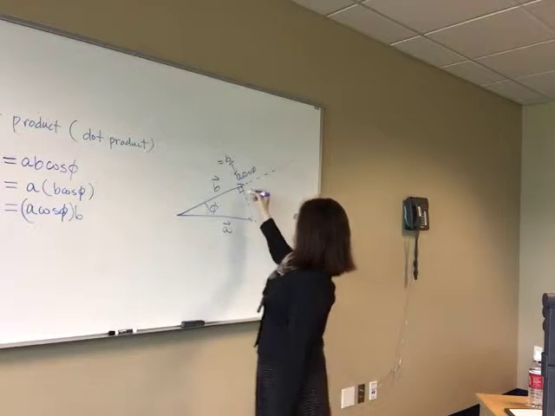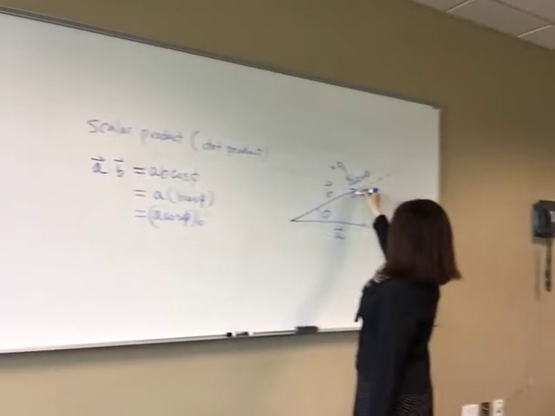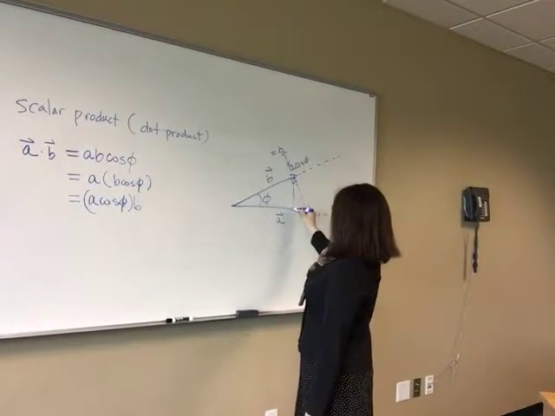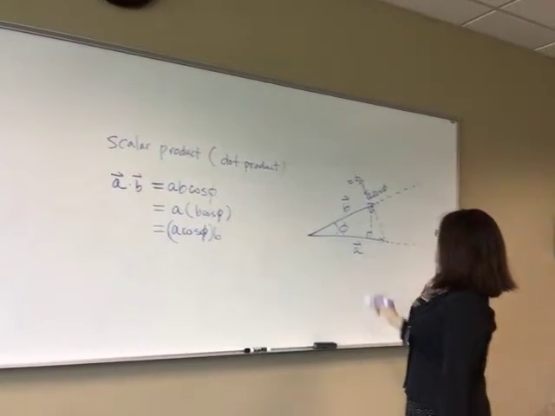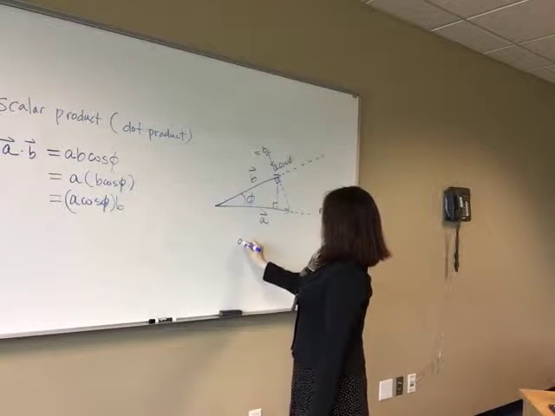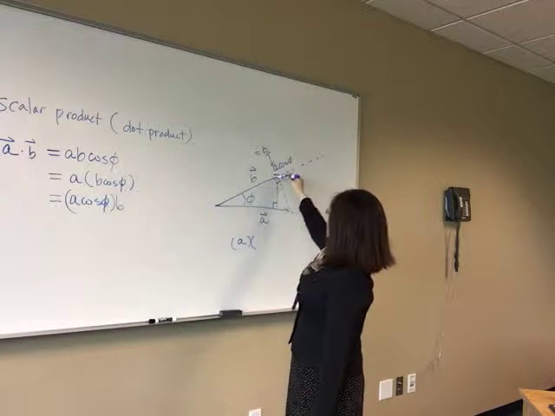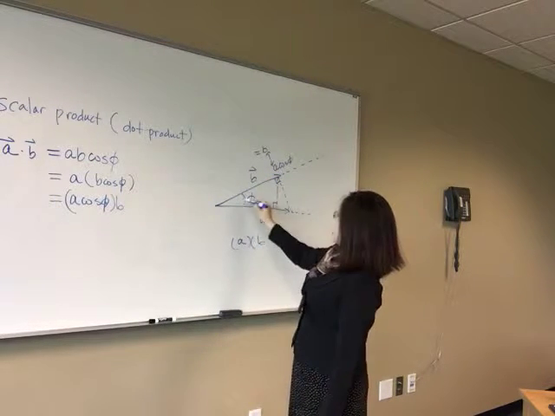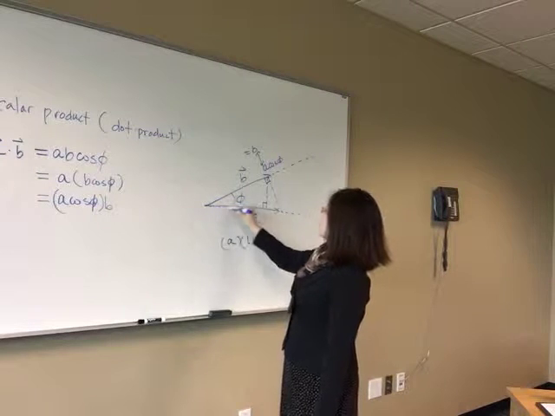Or you can use your B as a hypotenuse, draw a line, and that's perpendicular to this. So you'll have the A, and then times the projection of B. This is the projection of B, this is mainly B, and then times cosine C because it's adjacent to the angle.